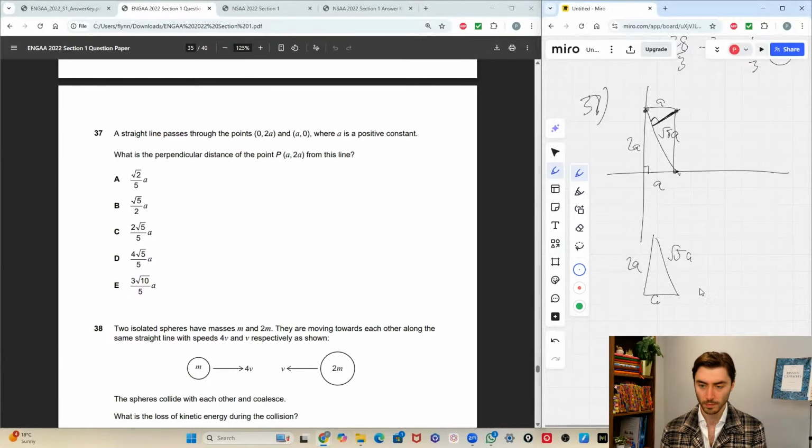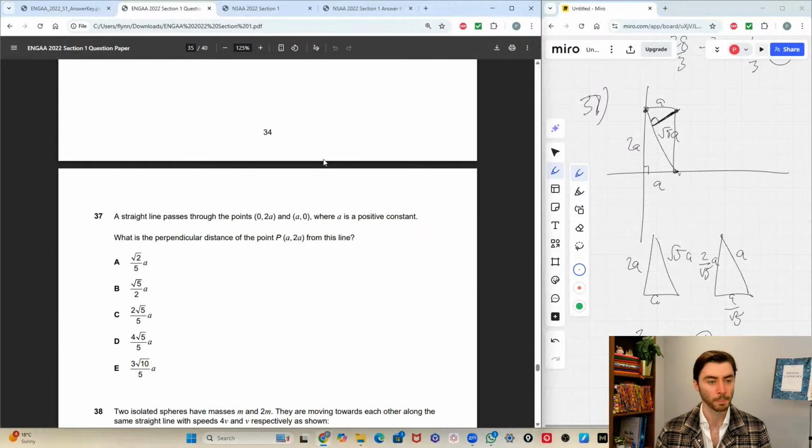And then if I draw the similar one, where the hypotenuse this time is a, that's clearly shrink it by root 5. So that's 2 over root 5 a, and that's a over root 5. And that's the hypotenuse, and I want the long side, so that's 2 over root 5 a, which is c. Done, and I've got 30 seconds left.